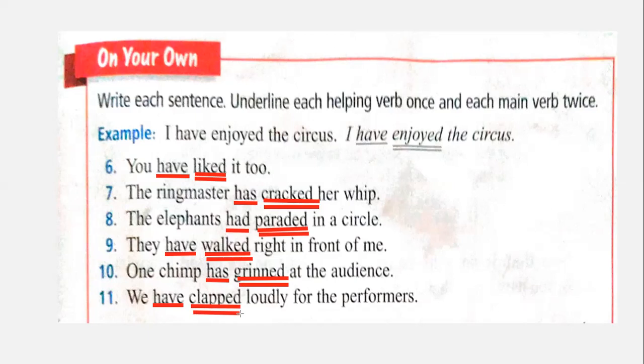Now, let me just ask some random questions. In number 6, we identified have as the helping verb. Why do you think they use have in this sentence? Can you tell me why? Speak up.